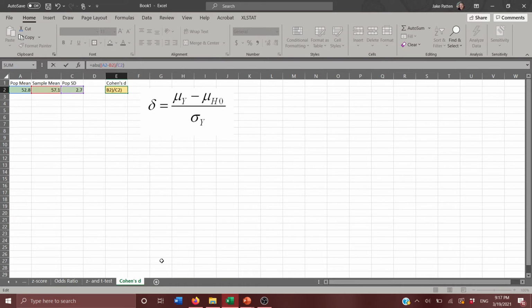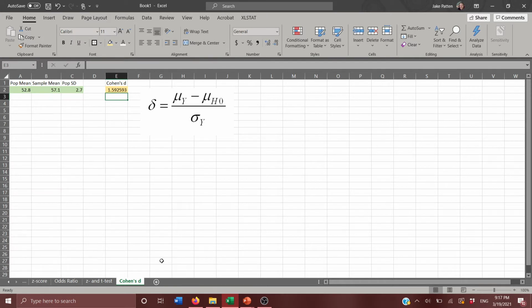ABS is an Excel command that is going to return the absolute value. So instead of just the Cohen's D that we've just calculated, where we had negative 1.59, if I put ABS and then parentheses around the whole formula, it's going to give us just the absolute value of what we just calculated. And so if I hit enter, it gives us 1.59.